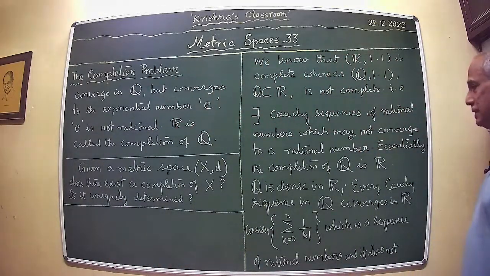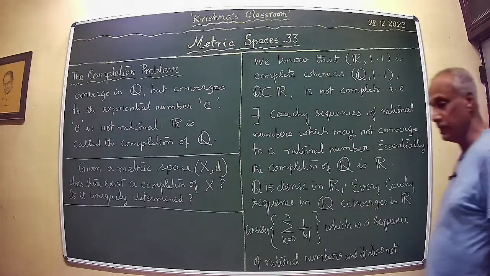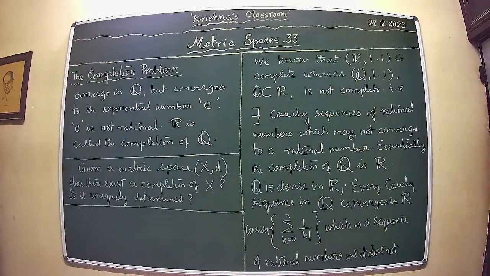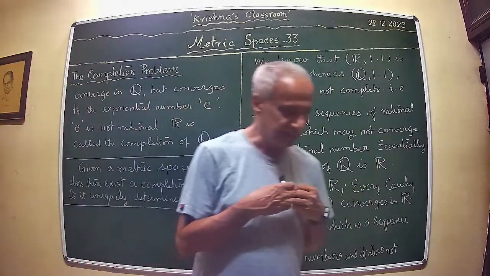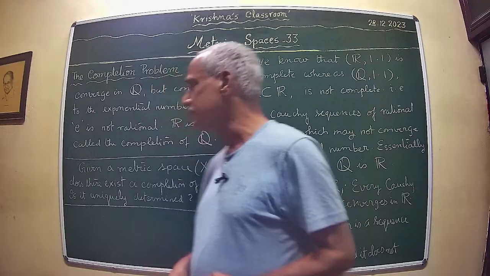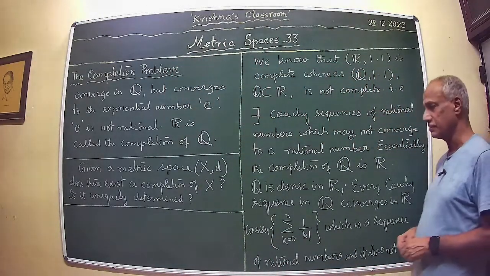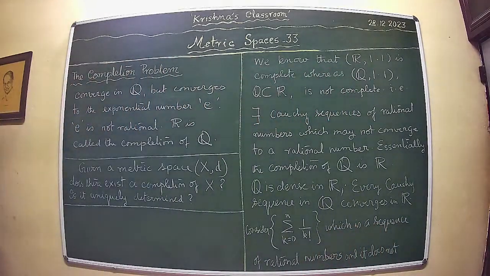Okay. So, we shall ask this question in the context of a general metric space, which may or may not be complete. If it is already complete, there is nothing to work on. But if X is not complete, then we have to try or investigate whether there exists a completion of X. So, we have to be clear about what exactly we mean by completion.